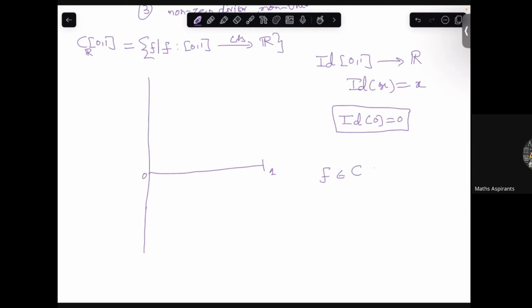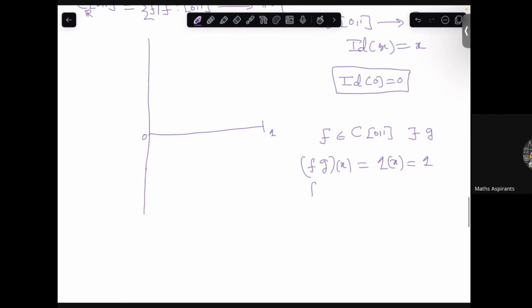First, I have a function from C01. So there is a function g such that f times g of x equals 1, which is 1 everywhere. That is f of x times g of x equals 1. That is, g of x is nothing but 1 by f of x.